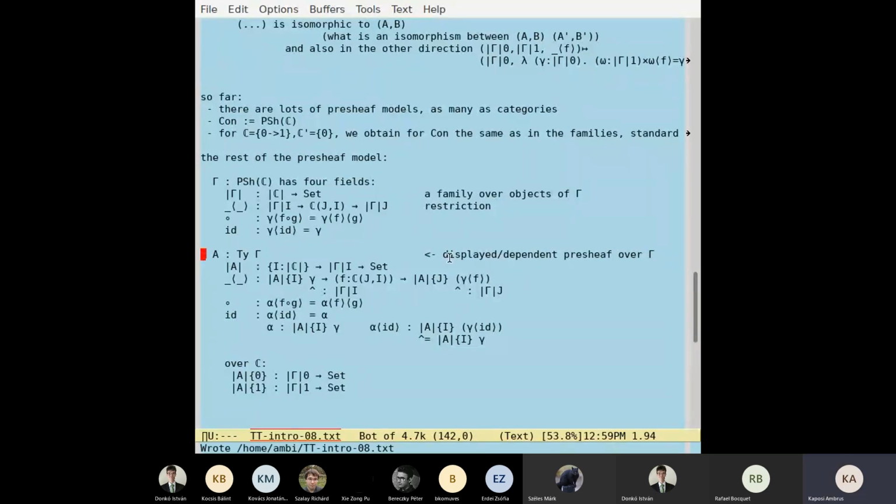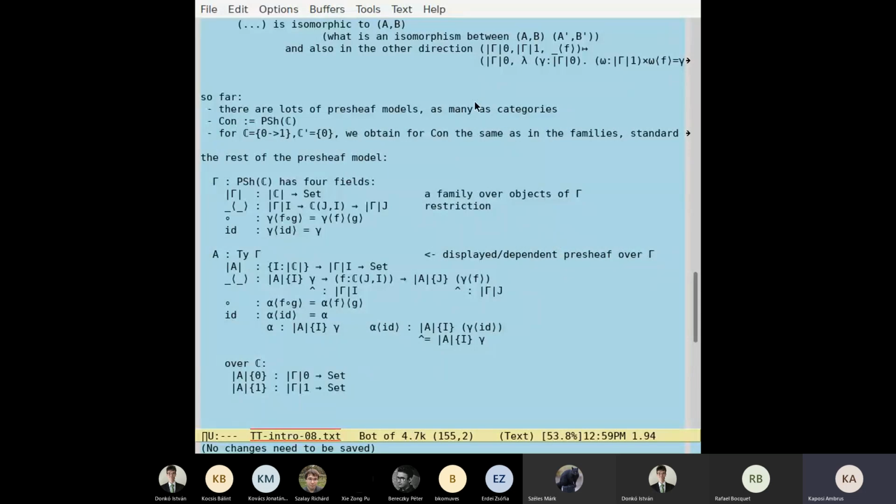So this notion of displayed presheaf makes sense, and this thing, displayed or dependent, has a meaning in general for every algebraic structure. So not only for presheaves, but it also works for lots of other things, like displayed categories, displayed groups, displayed rings, and so on.